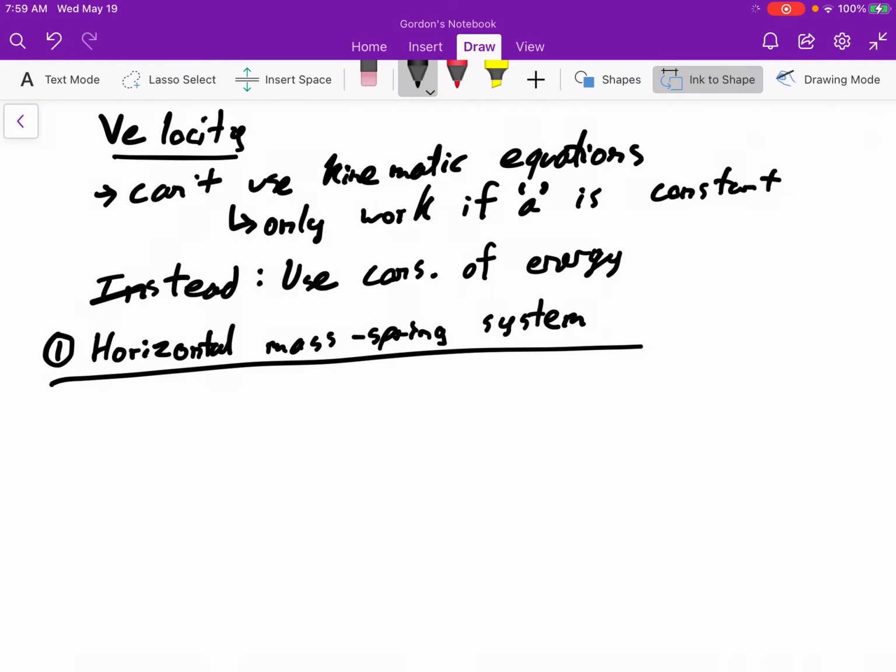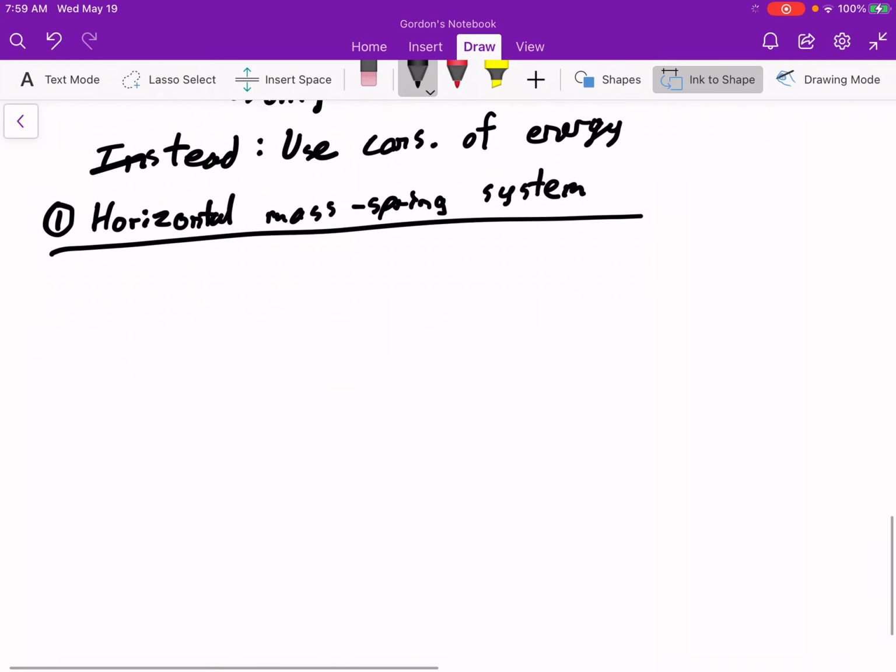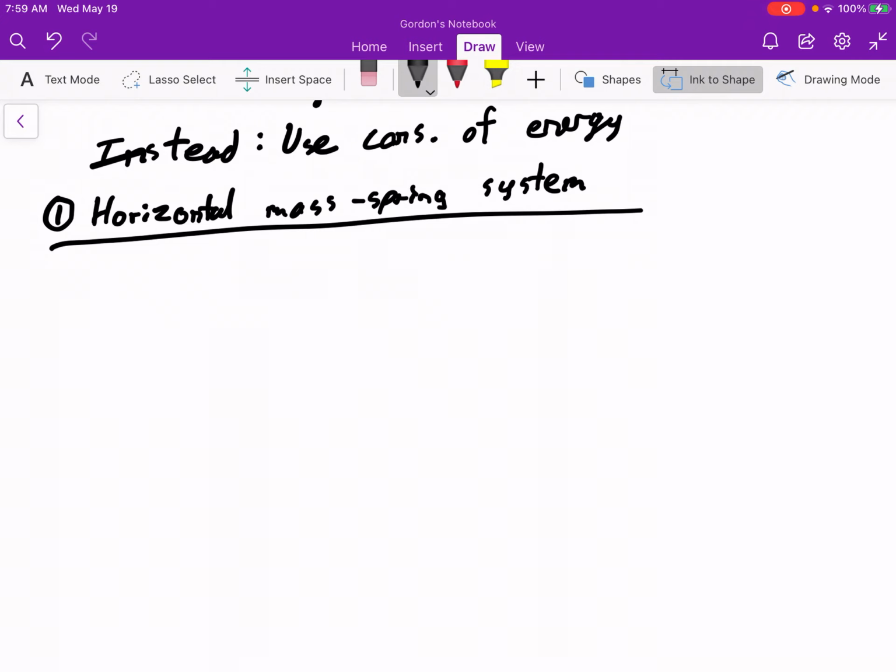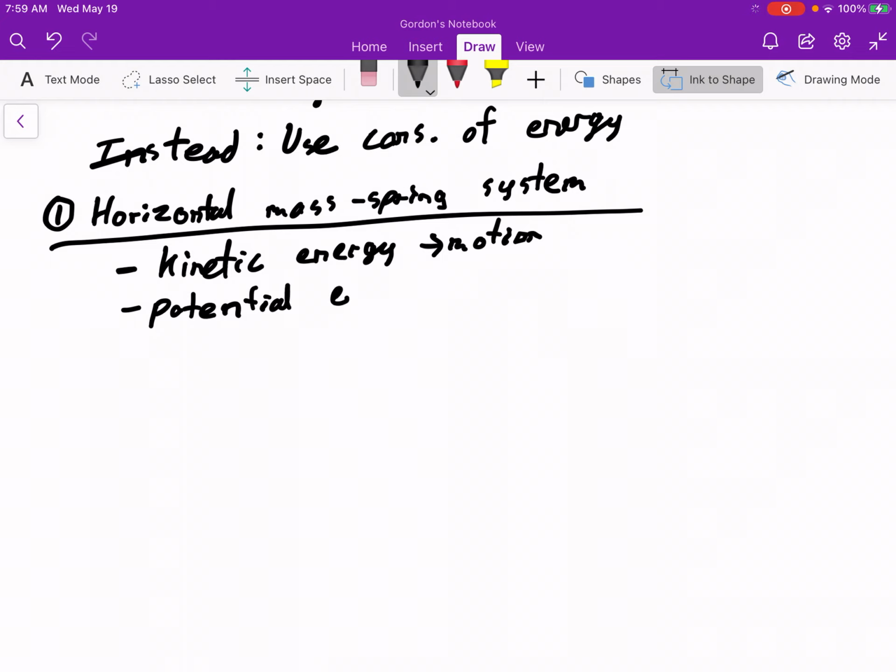When we've got a horizontal mass spring system, the two types of energy we have to worry about are kinetic energy, which has to do with motion, and potential energy, specifically the spring potential energy.